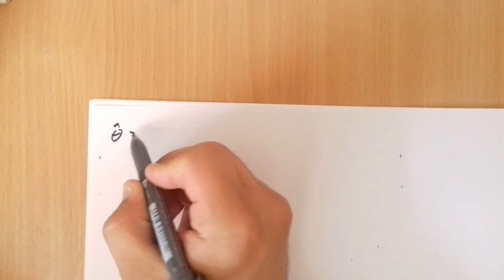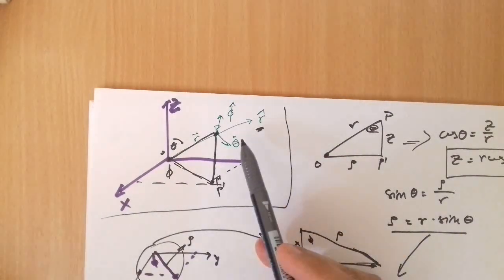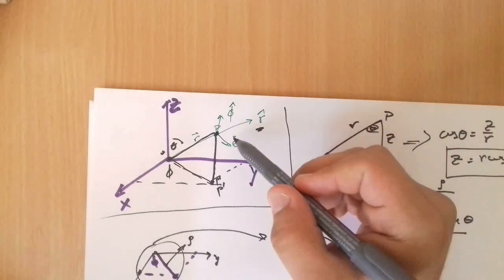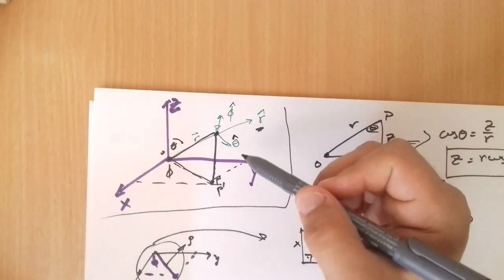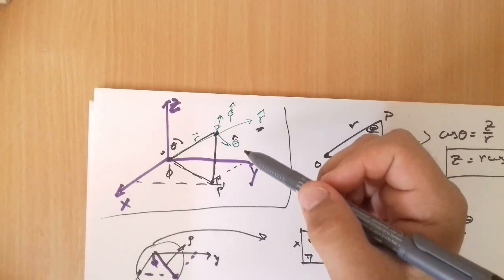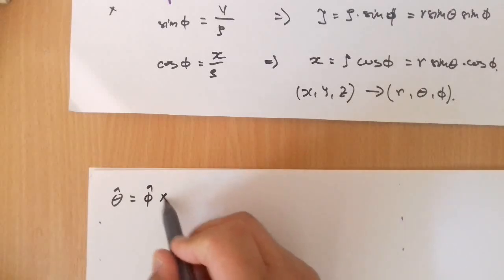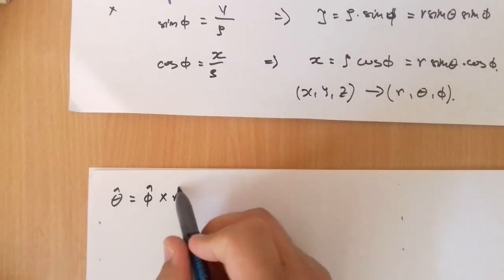And in the end we have to find the unit vector in the theta direction. From this picture here we can see the unit vector in the theta direction can be represented in this form: phi hat cross r hat.